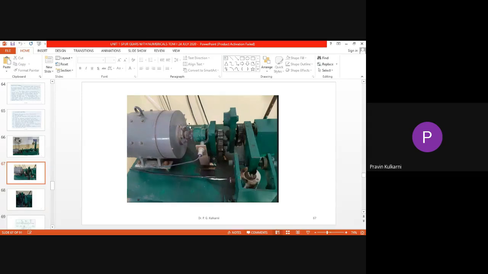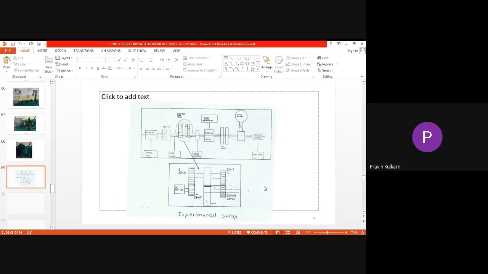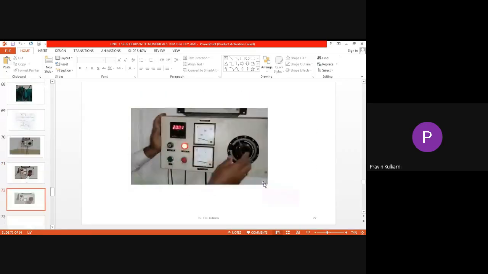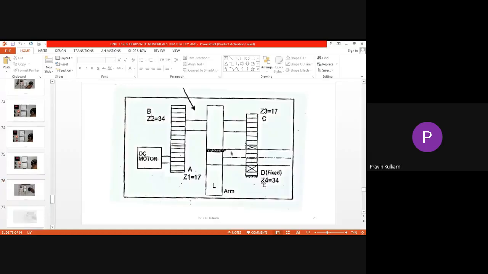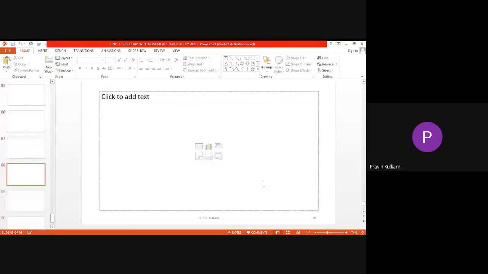So input torque plus holding torque plus output torque is equal to 0. How to compute input torque? That is torque of the motor, power upon velocity. Holding torque using this load cell, and output torque from the output member was to be calculated. This was the test rig, and different readings were taken.